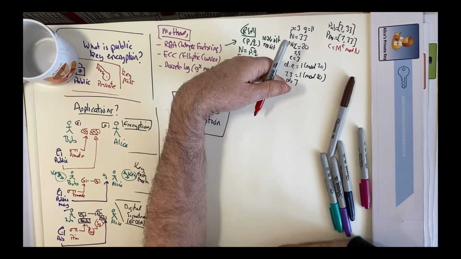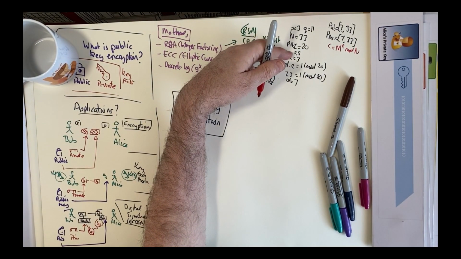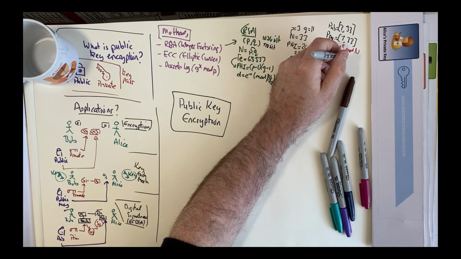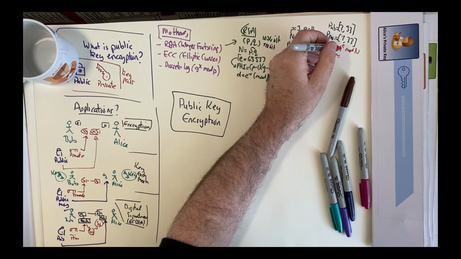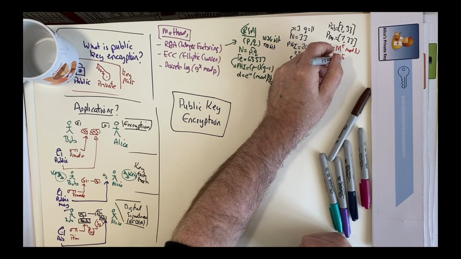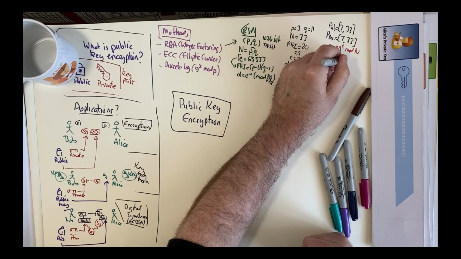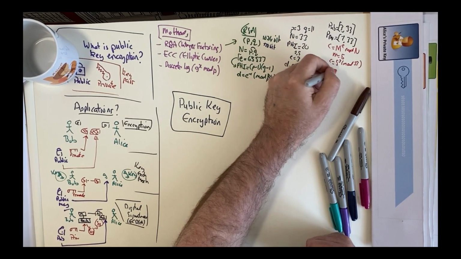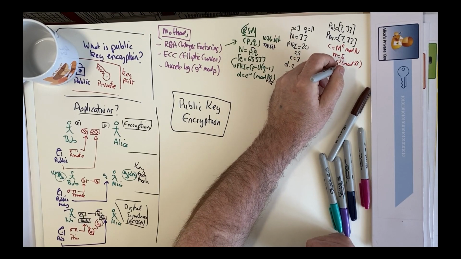So in this case we take a message of 5, and our cipher becomes 5 to the power of 3 mod 33, and I think that should give us 26.